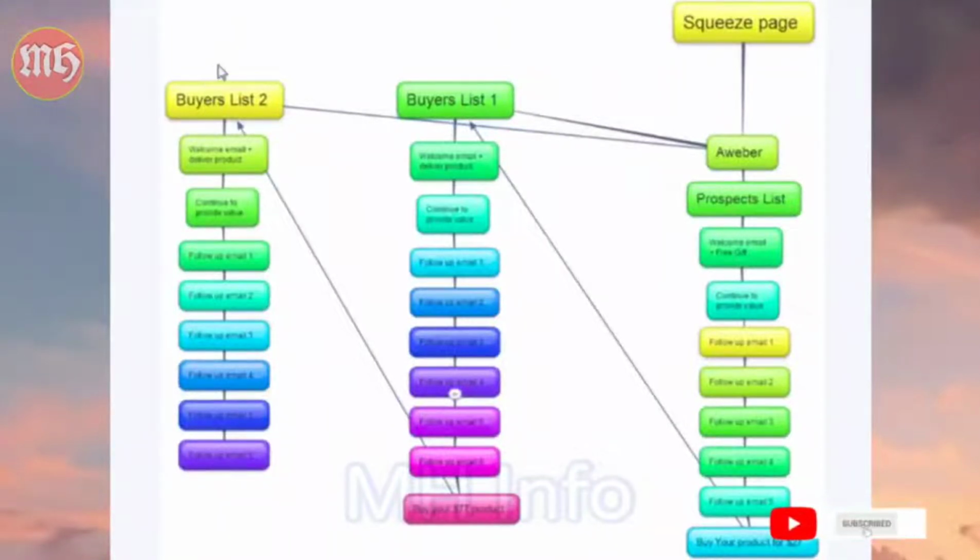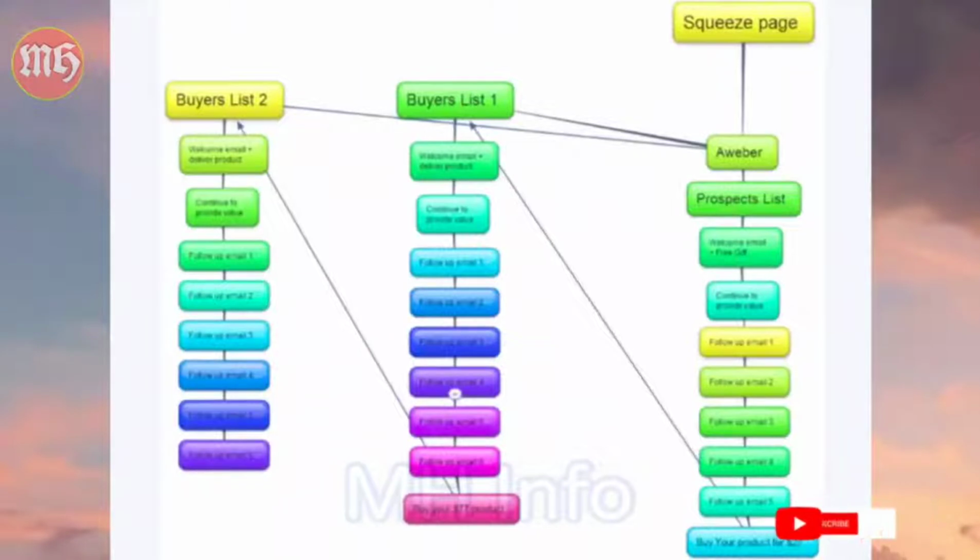So for your buyers list number 3, you could offer them a $77 course, but obviously the more you charge for your courses, the more value you should want to provide. So that's the end of this video.